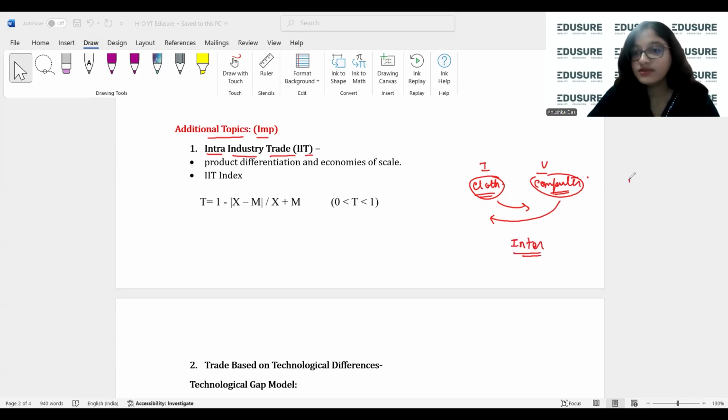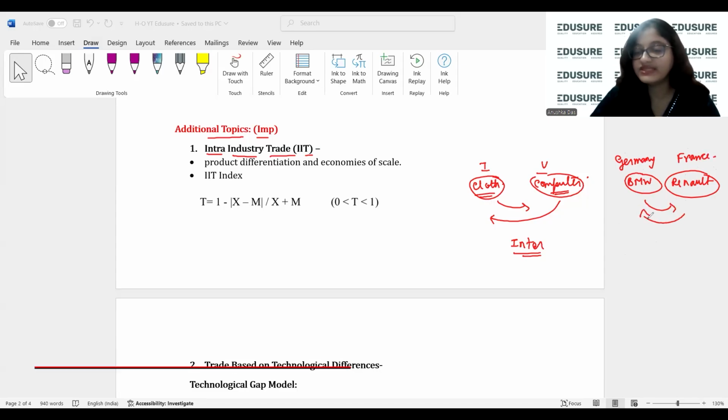Now suppose I say BMW and Renault. They are two different car brands. BMW is a famous car brand and Renault is another. Suppose Germany produces BMW cars and France produces Renault cars, and they specialize and trade with each other.